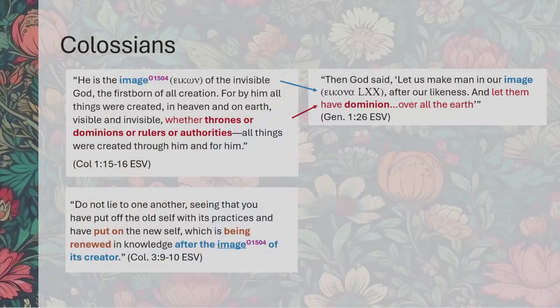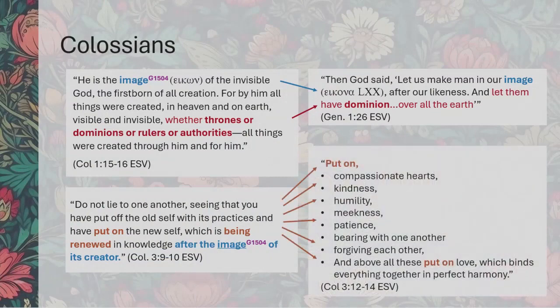Here are the things we're supposed to put on, in Colossians 3, verses 12-14. He says, put on compassionate hearts, put on kindness, humility, meekness, patience, bearing with one another, forgiving each other, even as Christ forgave you. And above all these things, put on love, which binds everything together in perfect harmony.